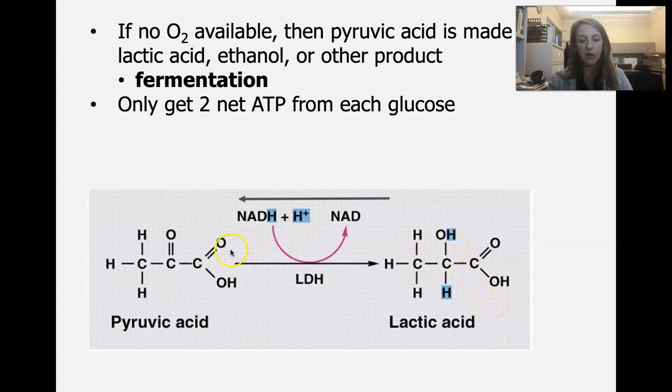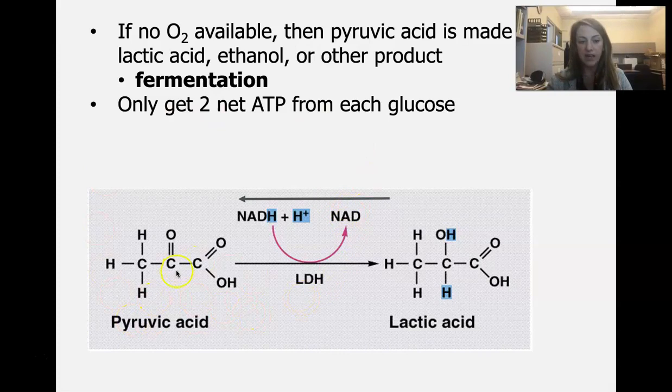And what happens here is not that you get any more ATP. Remember, we got 2 ATP turning that glucose into pyruvic acid. The reason this happens when there's no oxygen available is that there's no electron transport chain for those NADHs to go to, and you need NAD+ to run glycolysis.